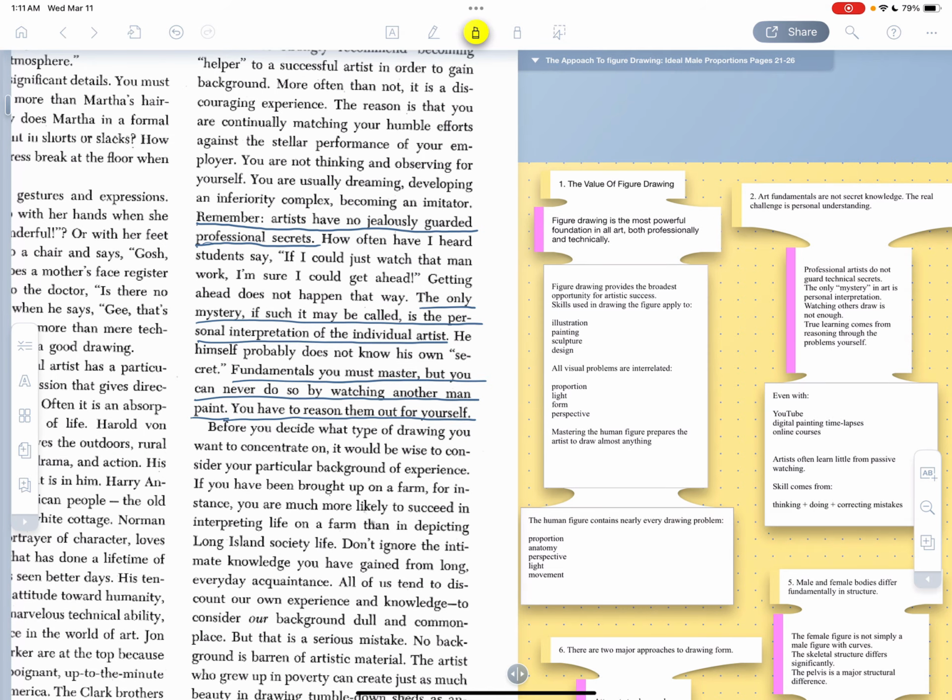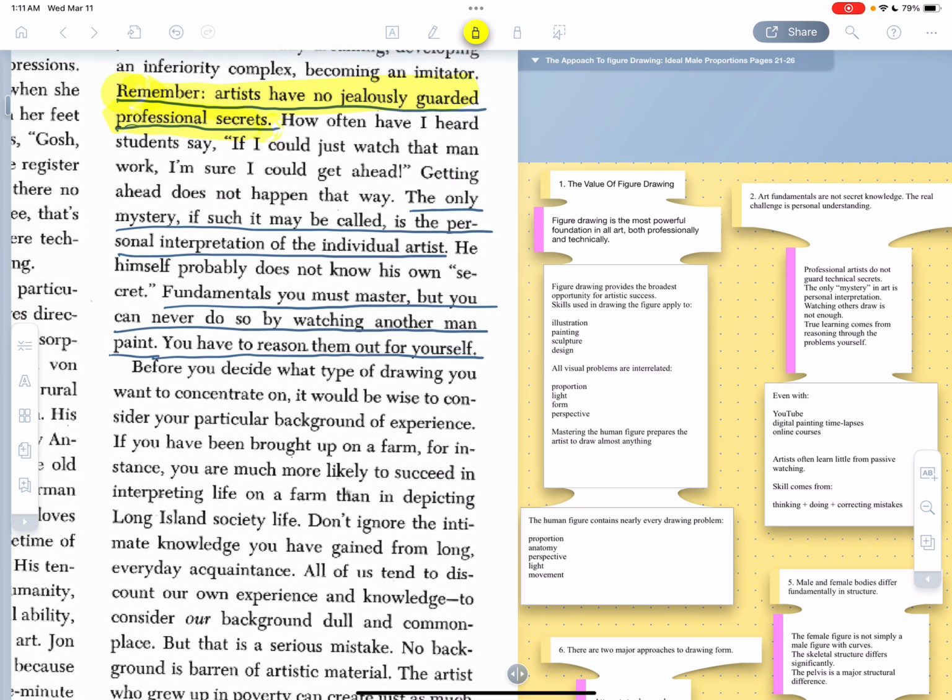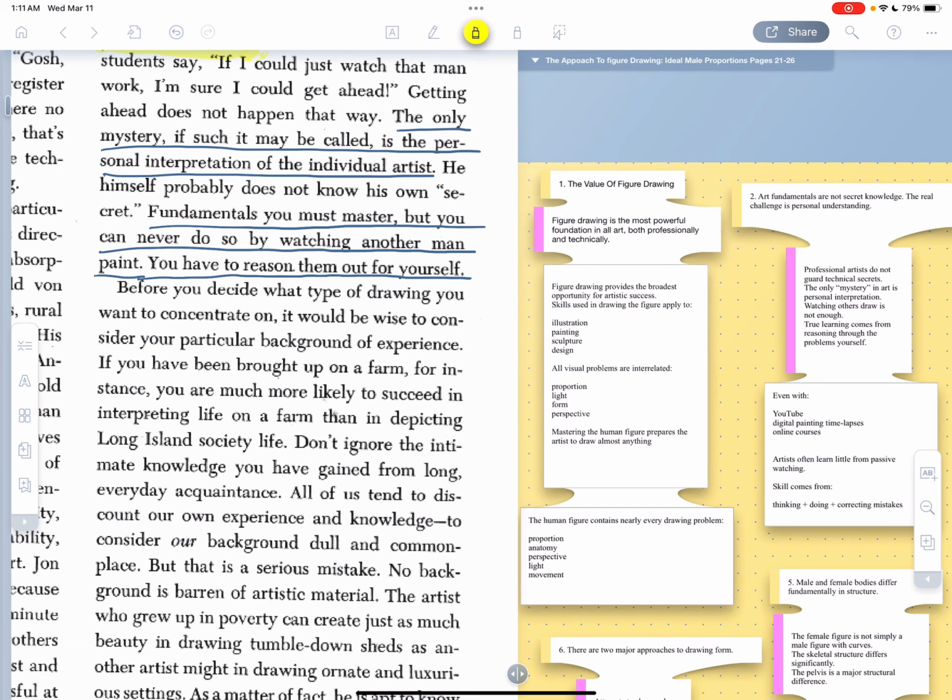All right, remember, artists have no guarded professional secrets. All this information is out there waiting for us to be applied. Like, this book is completely free if you want the PDF version, and perfectly legal. And this is the best book. If you went to Art Center, you would pay $100K to be told to study Loomis.